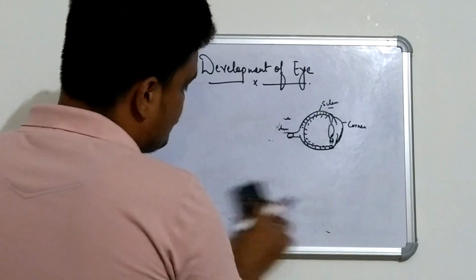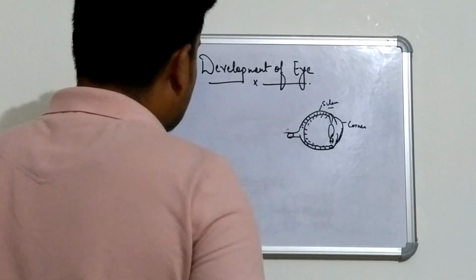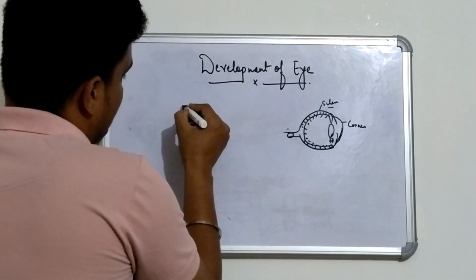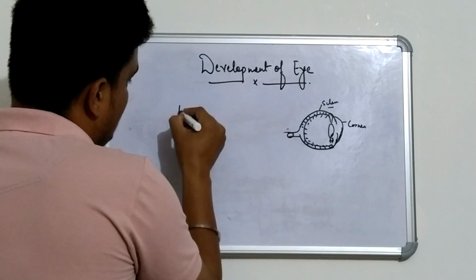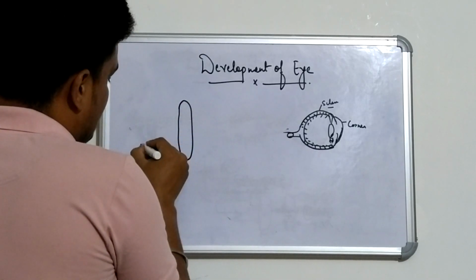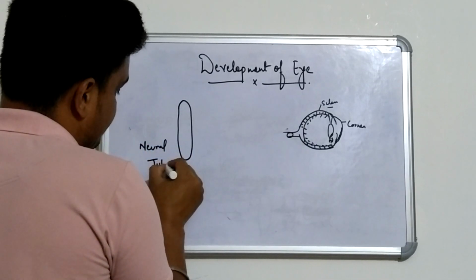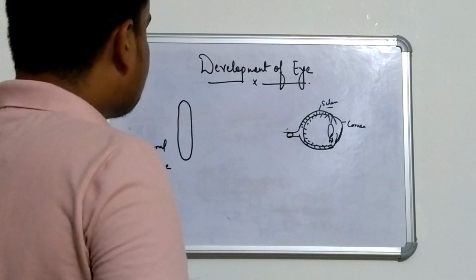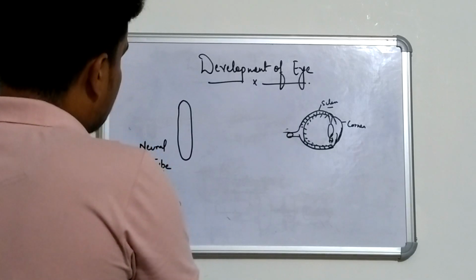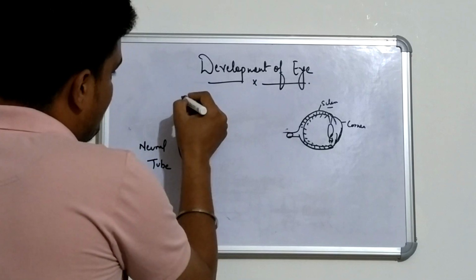Now we will discuss further. Okay, so we have a neural tube. The neural tube has two parts.